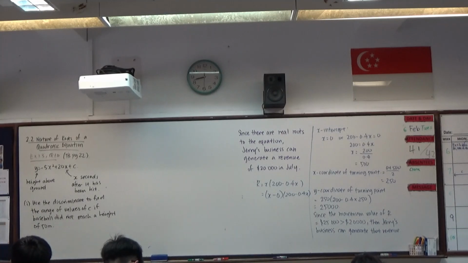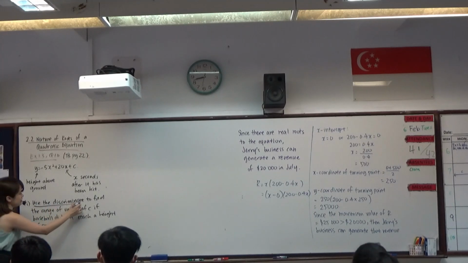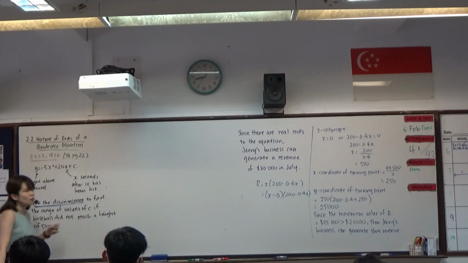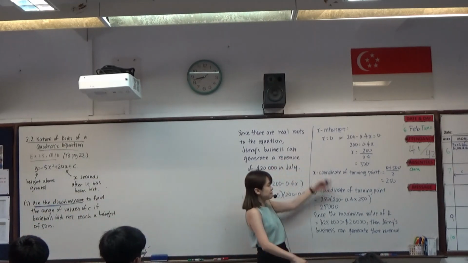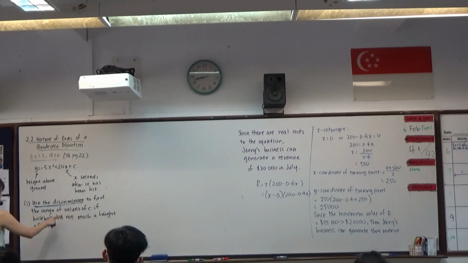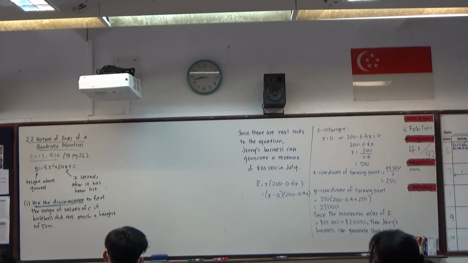We want to use the discriminant. In this question it is very specific, saying that we want to use only the discriminant, so no way for us to explain via the other method over here. Find the range of values of c if the baseball did not reach a height of 50 meters.